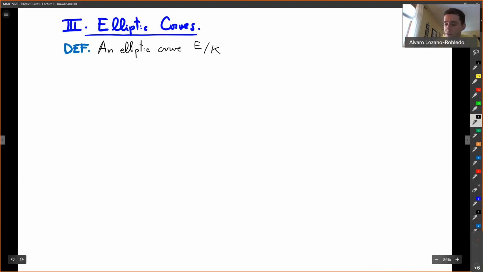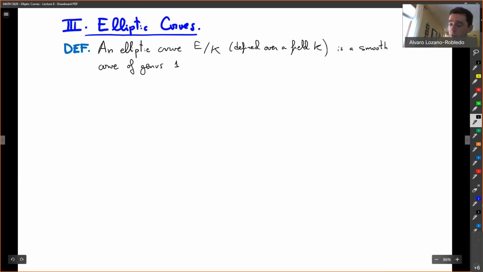That E over K means that E is defined over K. It is a smooth curve, so a projective variety of dimension 1 of genus 1, together with a point O that is in E(K).